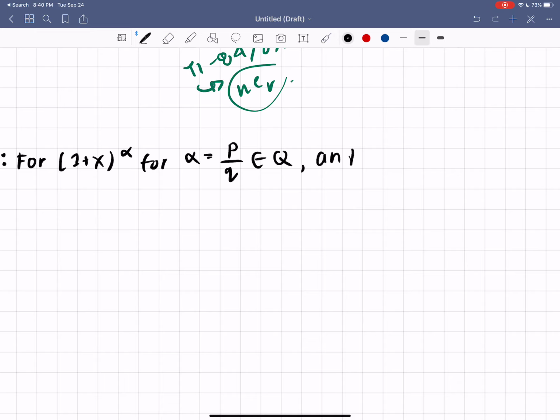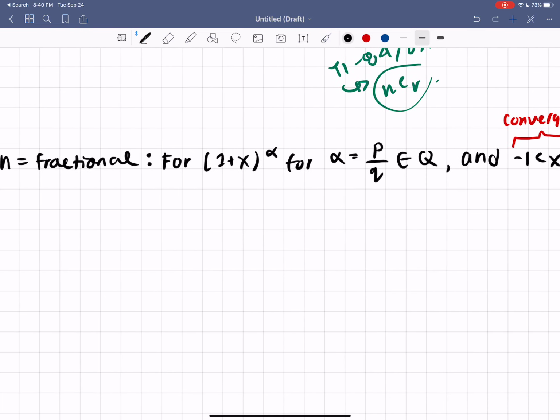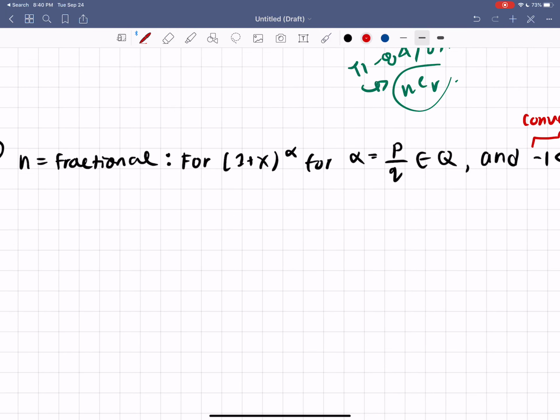And this can also be used knowing that -1 is less than x less than 1, under the condition that this is a converging sequence, right? This only works if it's a converging sequence.